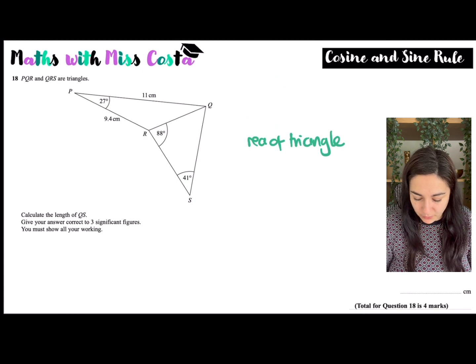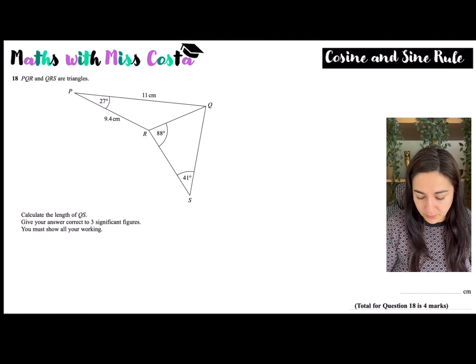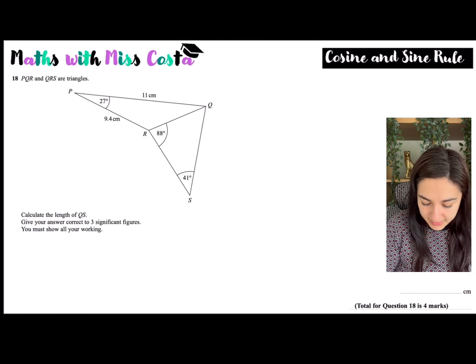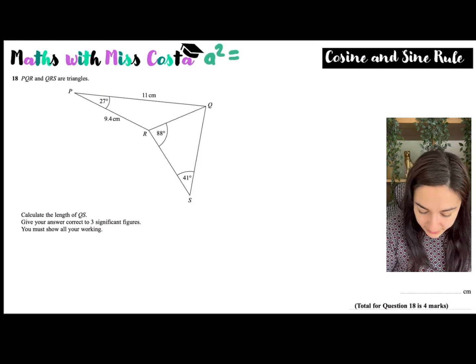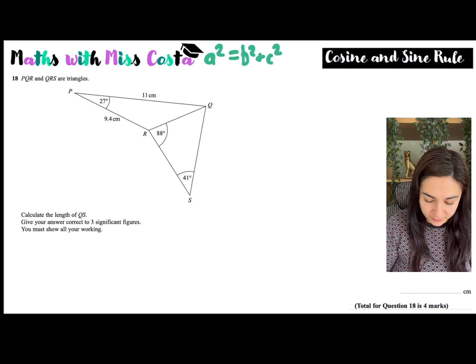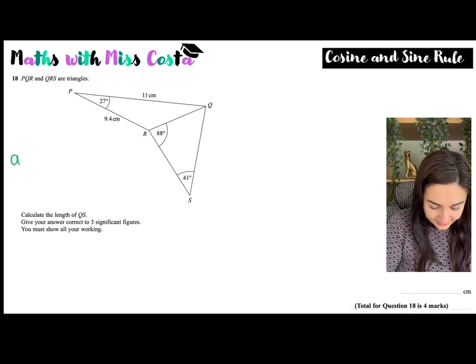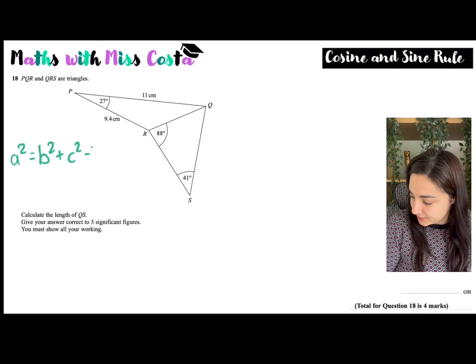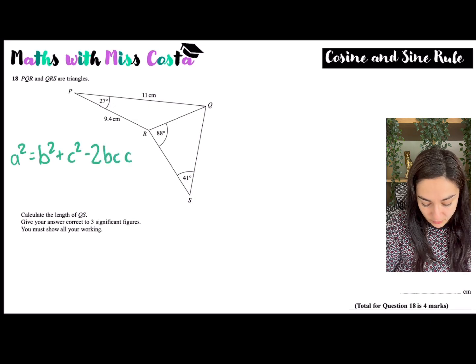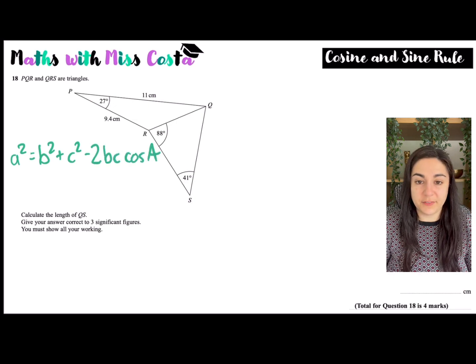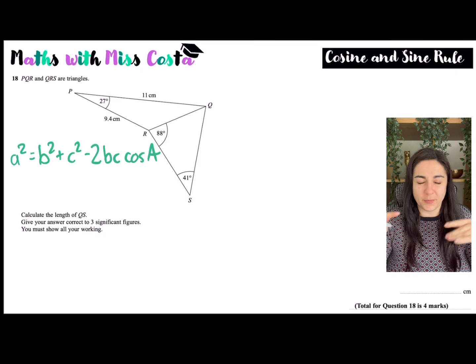So let's have a look at what's happening. And maybe I'm just going to write my sine rule and cosine rule here. So my cosine rule is a squared equals b squared plus c squared minus 2bc cos A. Now, if you memorize this and you know how to memorize the rearranged formula, that's great.